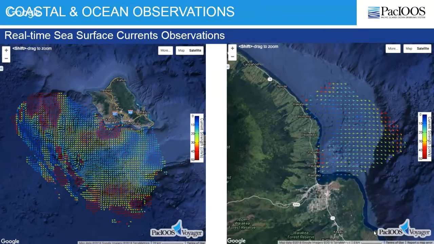When Pac IOOS was established, the priority area was identified as the south and west shore of Oahu, just because that's where most of the accidents happen. For example, a couple of years ago, there was a stand-up paddler who was not experienced, on a day with I think warning level conditions, and he lost his paddle and didn't know what to do.